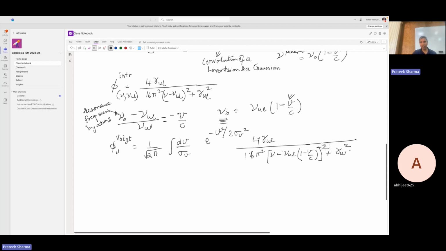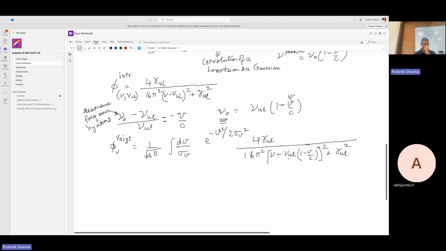So we have plugged in everything: the one-dimensional velocity PDF, and the intrinsic line profile centered at nu naught, which has this redshift taken care of. Now this is an integral. This integral of the convolution of a Lorentzian and a Gaussian is not analytically doable.